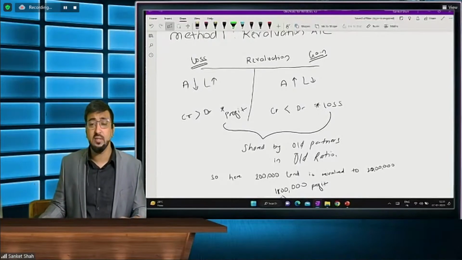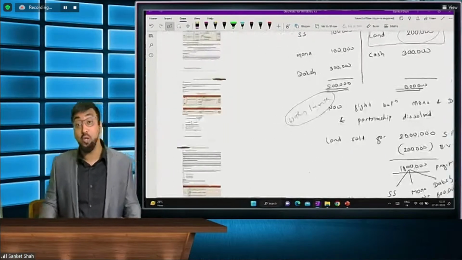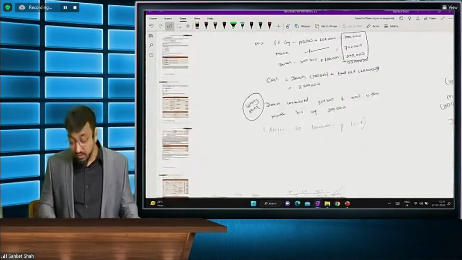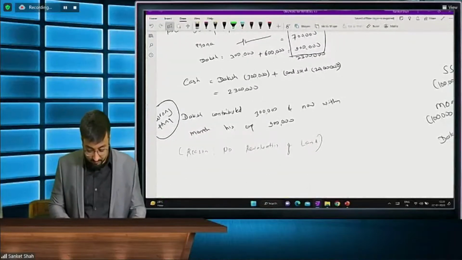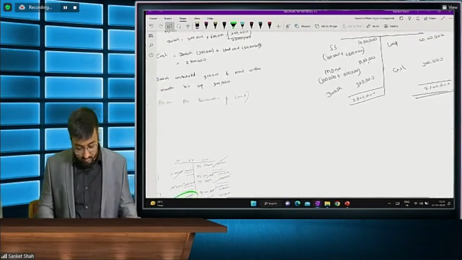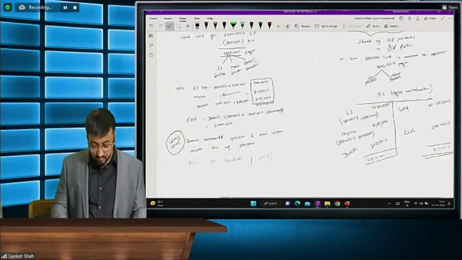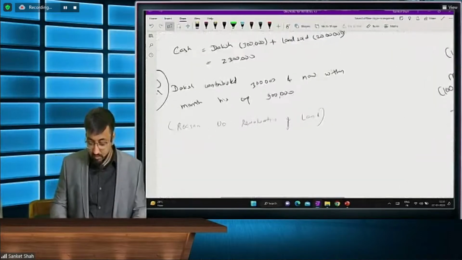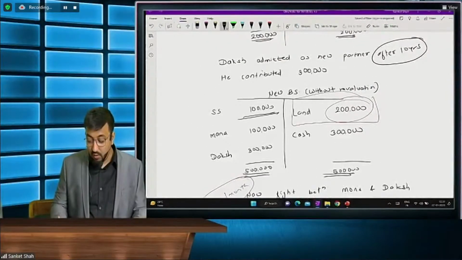Many students have solved this problem of partnership. Tell me how many of you are aware if there is no revaluation? ये revaluation नहीं होता तो आज क्या हुआ रहता, बताइए. Yes, Shreya, very good. If no revaluation, 1 lakh capital.